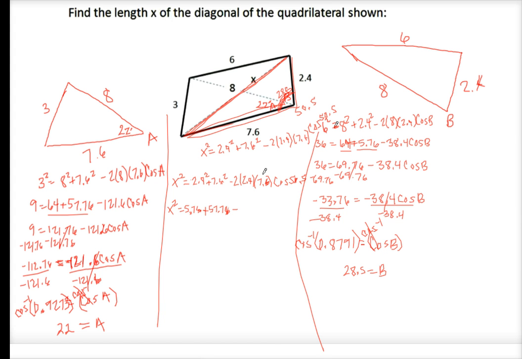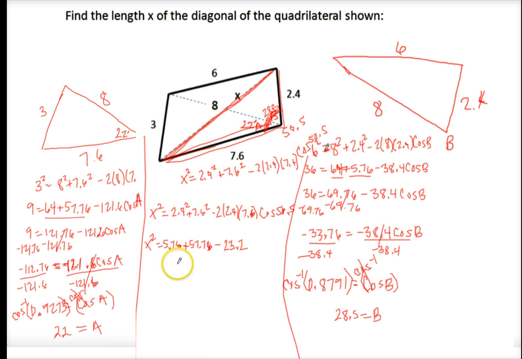And I'm going to multiply that by the cosine of 50.5. When I do that, I get 23.2. Now all I have to do is calculate this side, and notice we have an x squared still, so we'll have one more step after that.